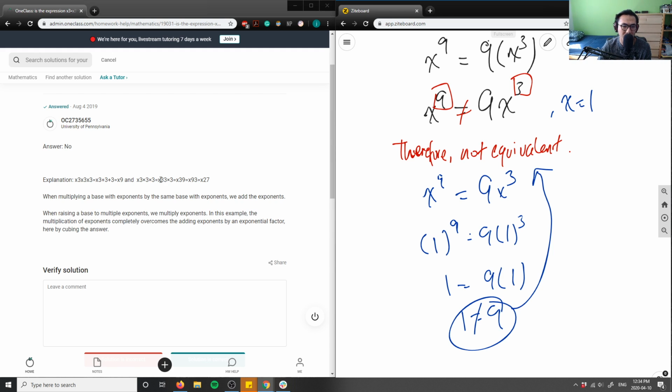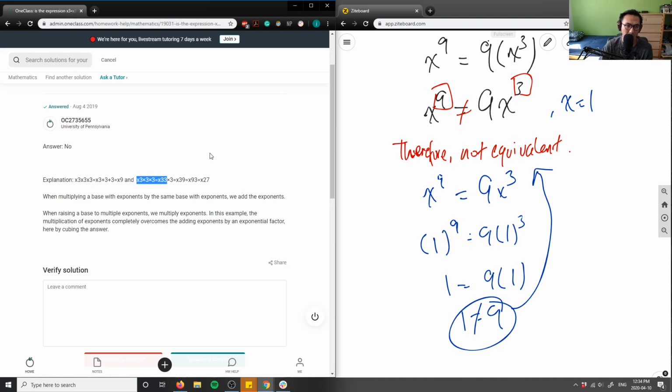But they have here x to the power of 33. Like, this step does not make sense to me. There's no mathematical operation that says x cubed times 3 equals x to the power of 33. So I think they messed up their exponent laws here, whoever the student is from the University of Pennsylvania. But that's definitely not the answer here.